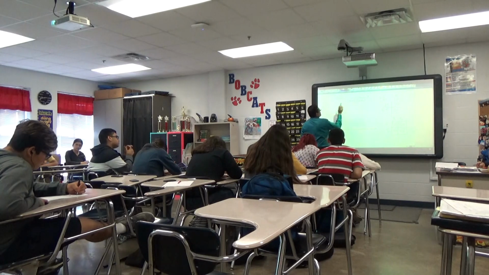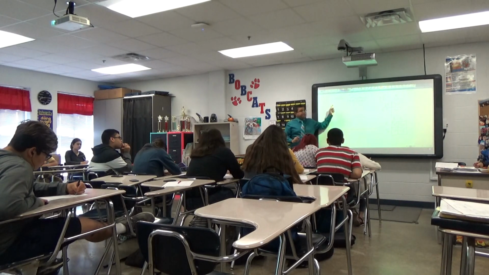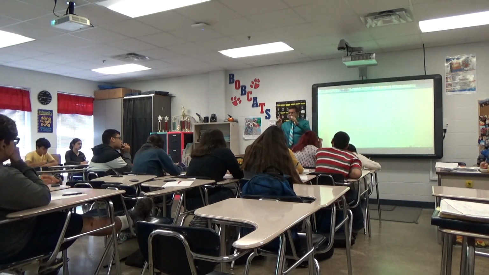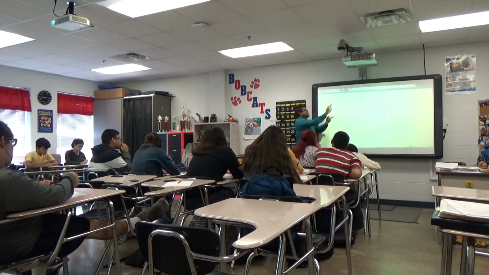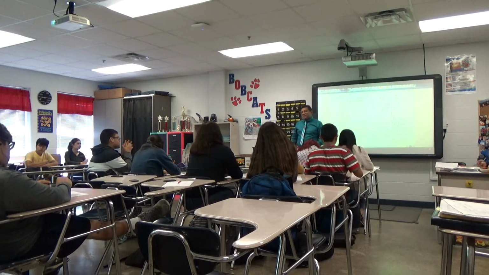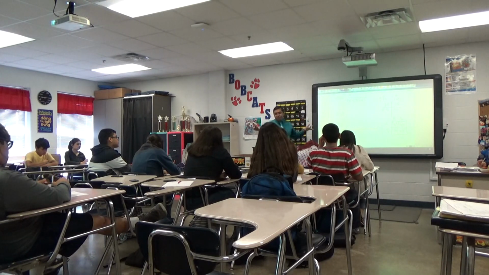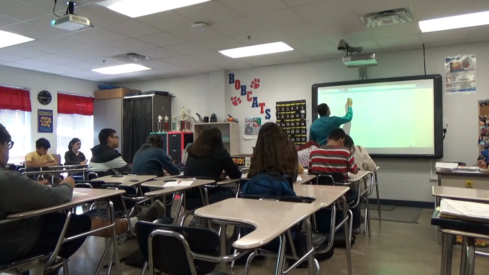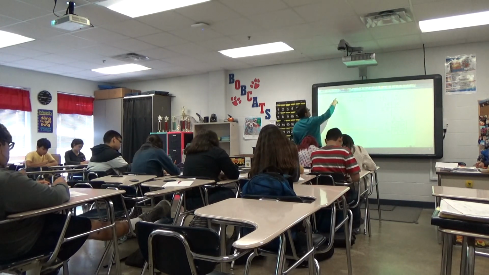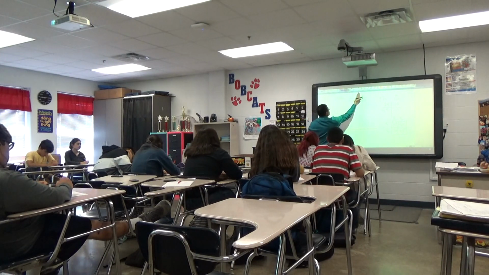How about 2x plus 10? Is there any factor for 2x and 10? Pay attention to the coefficients. The coefficient is the number that appears before the x, the letter. 2 and 10, do they have a common divisor? 2, right? They're even. So if I factor out 2, what do I have? 2 times what gives me 2x?